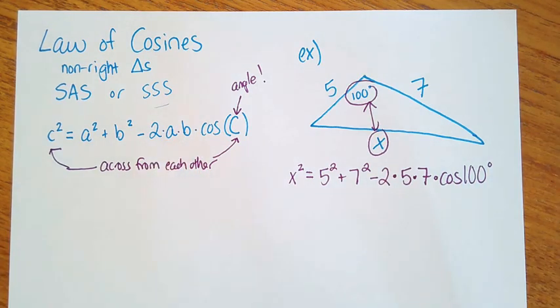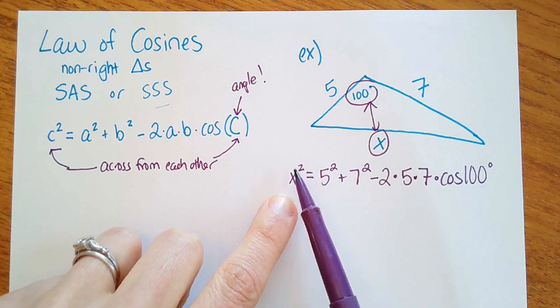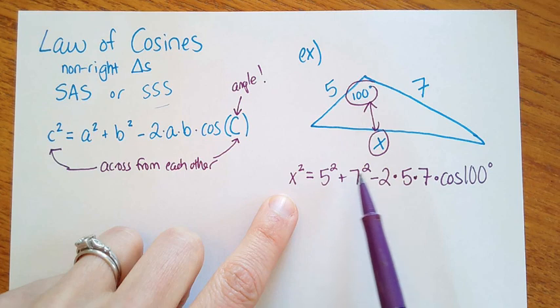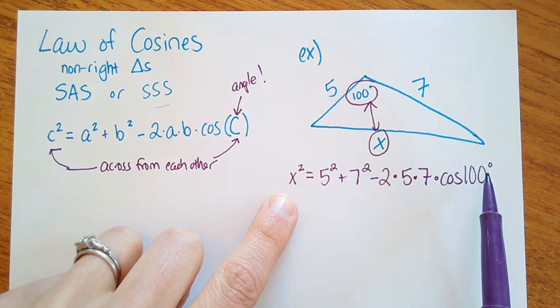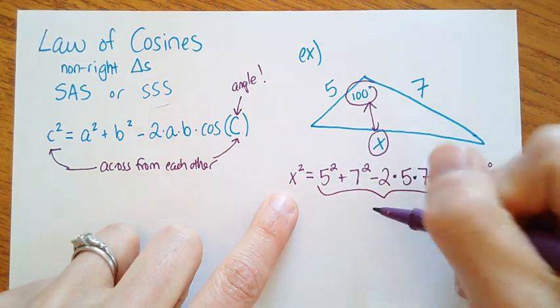As intimidating as this looks, and it is a mess, it's really not hard because here's my variable and it's almost alone already, right? The only thing I'm going to have to do in terms of solving is deal with that squared. All of this stuff can be typed into the calculator, the whole thing. So that's what I want you to do.